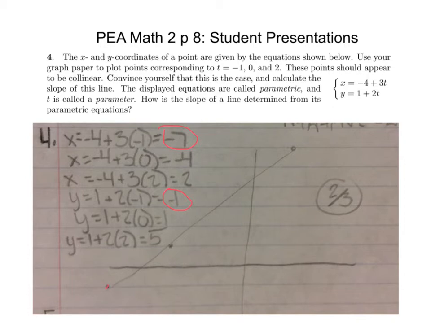Okay, go ahead and label that one -7, and then label the other 2 points with what you got for them too.